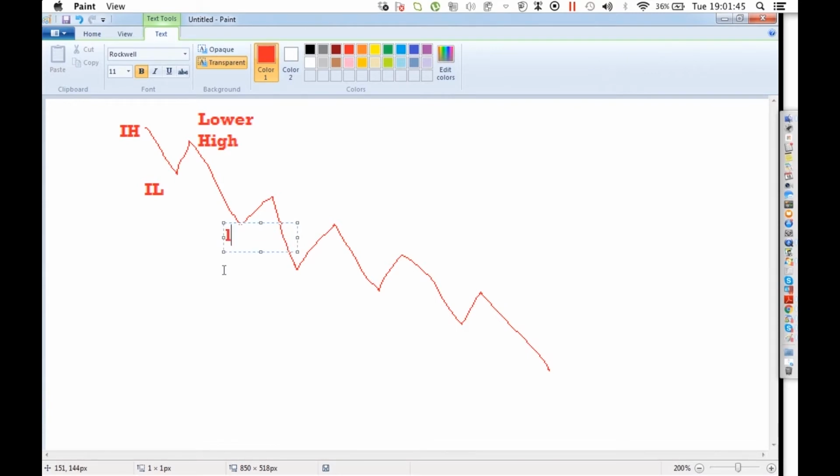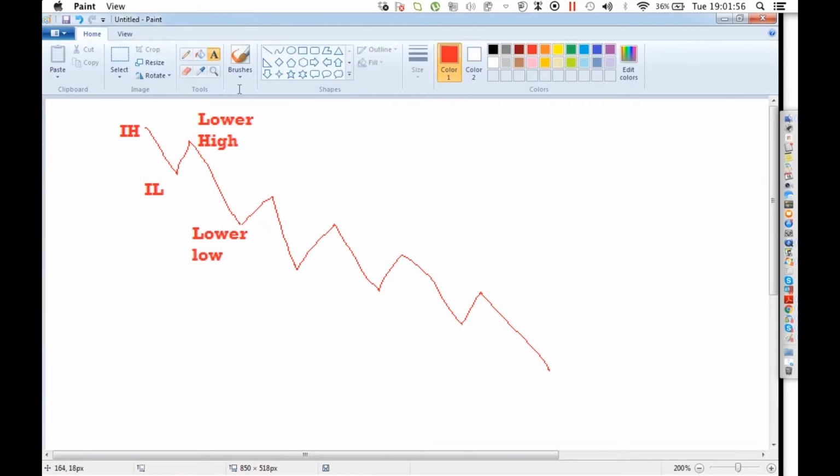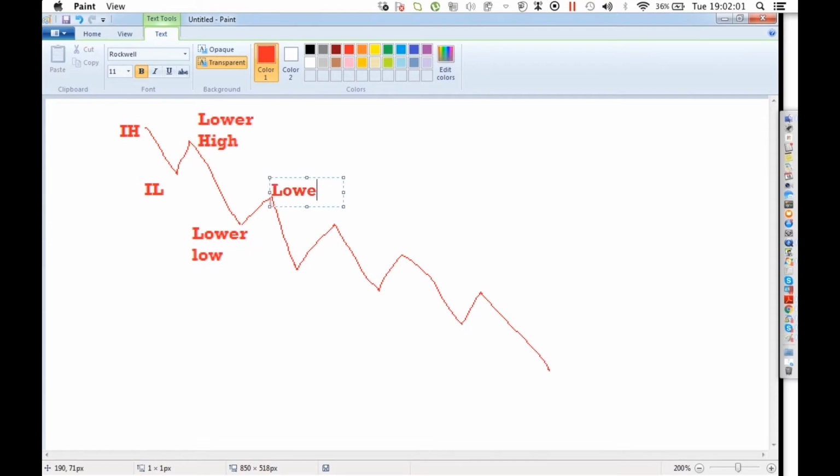And now we make a low, so we'll call this the lower low. So as soon as the market makes a lower high and a lower low, then we know that the market is coming down. Lower high and lower low.